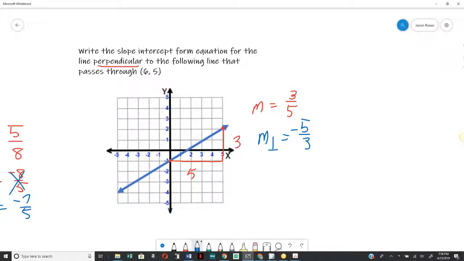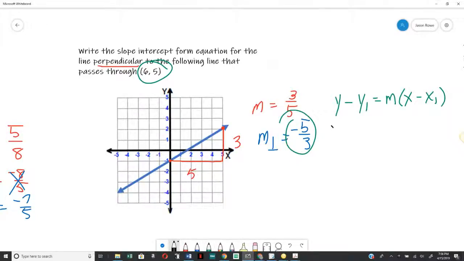So now I'm going to use point-slope form: y minus y1 equals m times x minus x1. We use this point and this slope. So I got y minus 5 equals m, which is -5/3, times x minus 6. It says we want the slope-intercept form. Well, that's point-slope form that we have, so we've got to translate it to slope-intercept form.